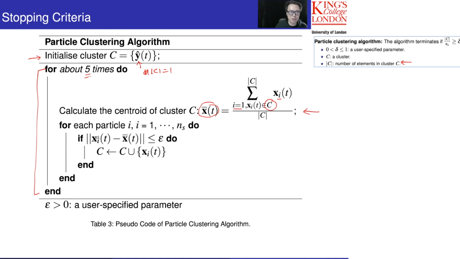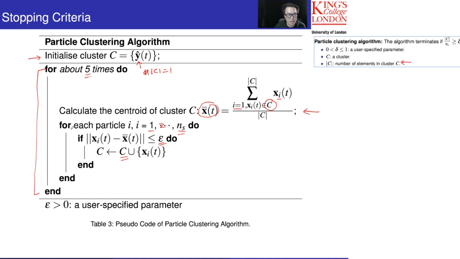So the distance between xi minus x bar, going from 1, 2 up to the last particle. If the distance is small enough, that is smaller than or equal to a predefined value of epsilon, then we are going to insert this particle into the cluster C. So the size of C is increasing.